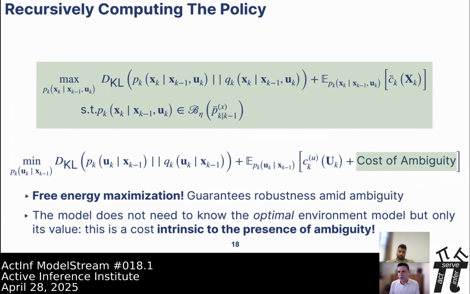Also, as Karl was mentioning, the model does not need the agent to know the real environment in which the robot is moving. It only relies on the ambiguity set B_eta.